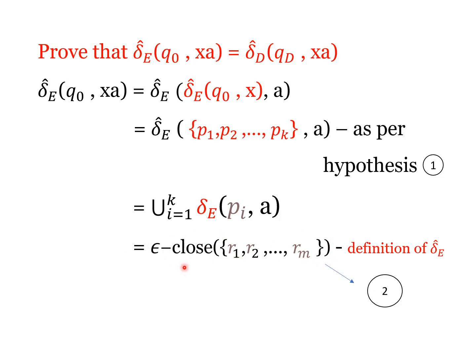That will be the set which the epsilon NFA goes to from this set of states P1, P2, up to Pk on input A. So that is what is given here: epsilon closure of R1, R2, etc. Rm, as per the definition of extended transition of NFA.